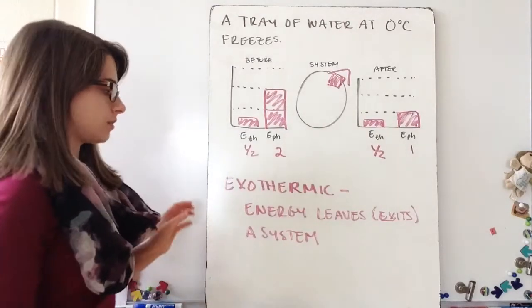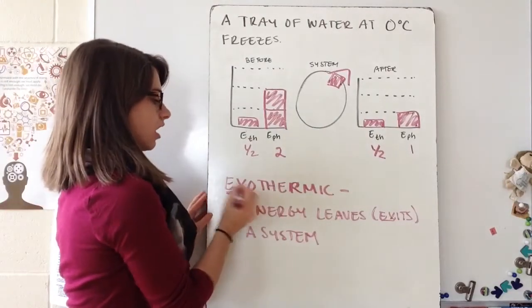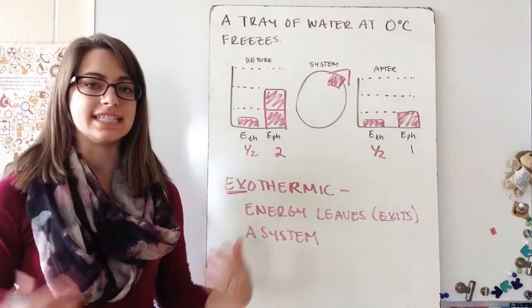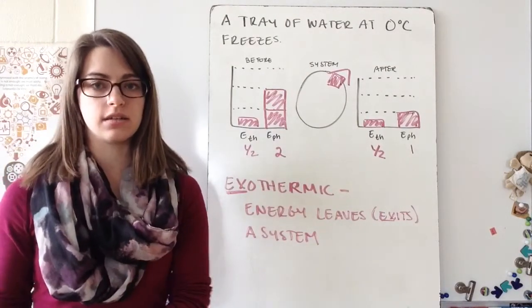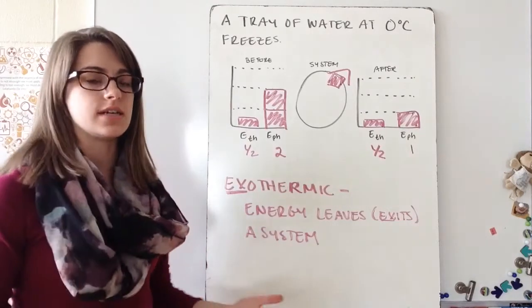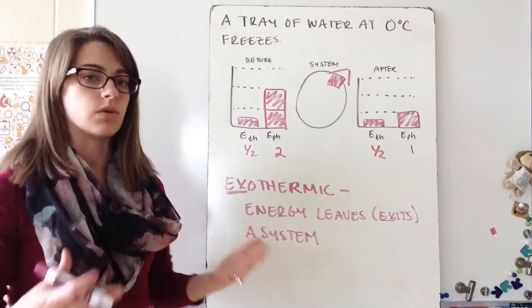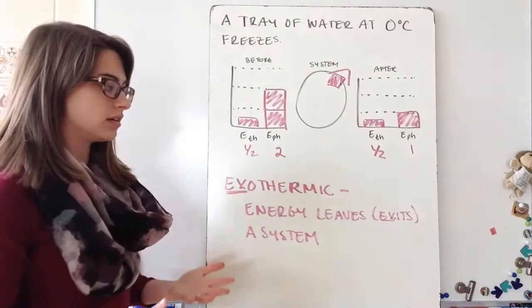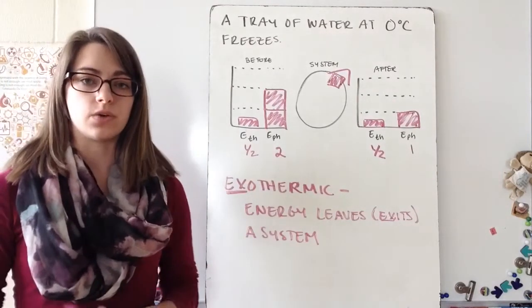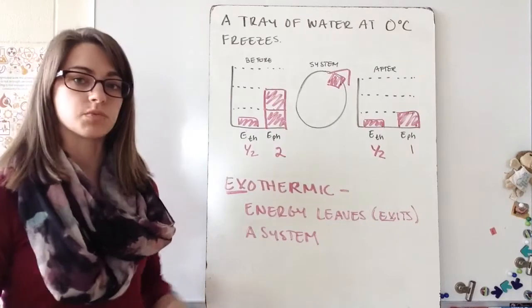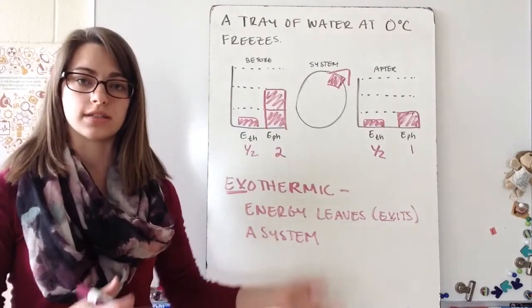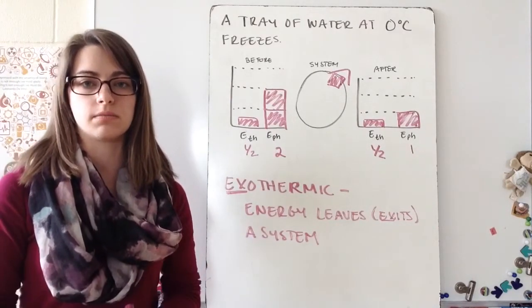So that's the easiest way to remember this. Exothermic means energy is exiting. Exothermic, energy exits. So anytime you have a decrease in energy of your system, anytime energy is leaving, then you know that you have an exothermic process. Both of these first two examples were considered exothermic processes because energy left our system.